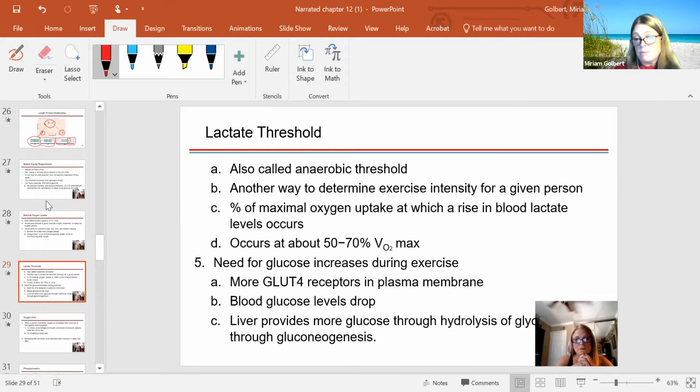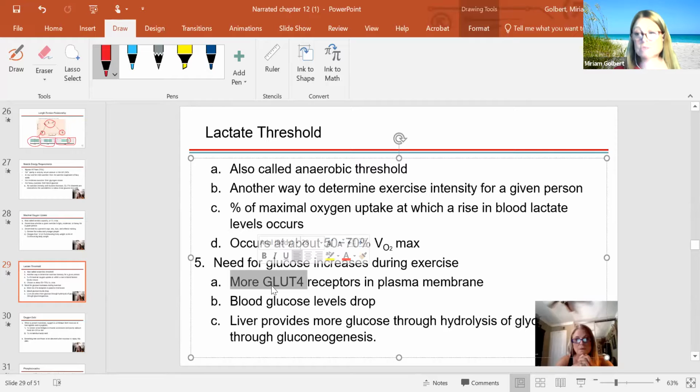aerobic cellular respiration, right? So when we talk about glycogen, and how we store it in the liver, and we can just break it apart, which is glycolysis. And then we need your GLUT transporters, which we mentioned on our first discussion board.